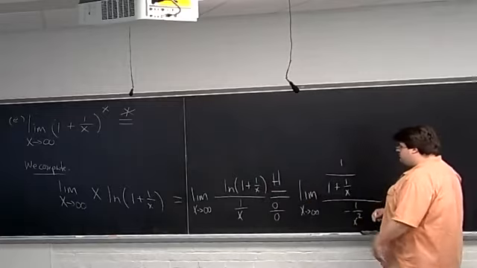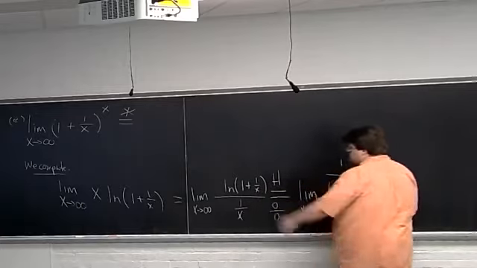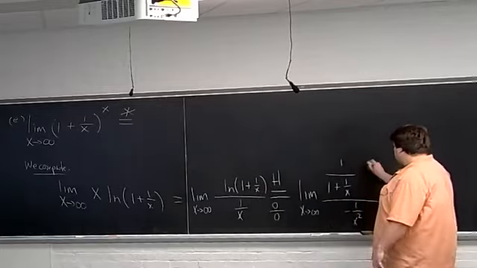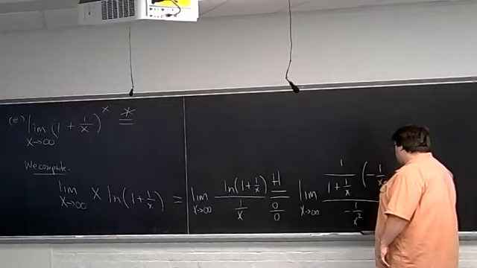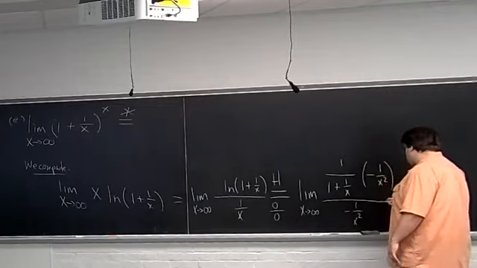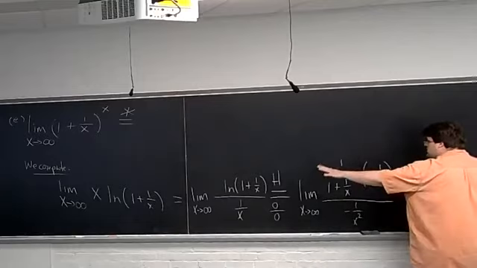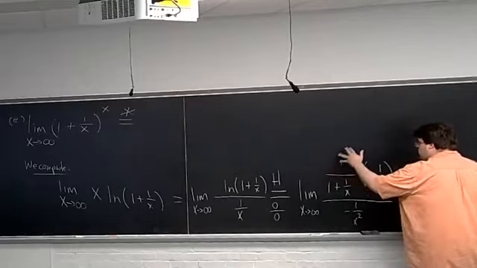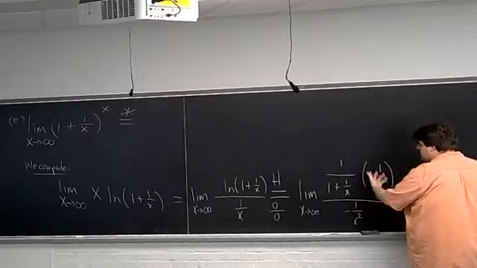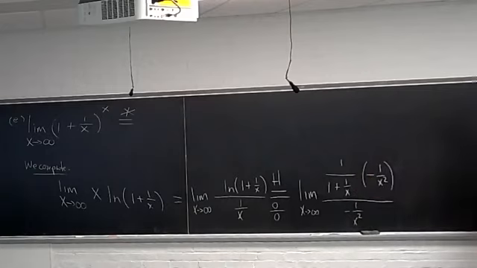Derivative of 1 is 0. 1 is a constant. Derivative of 1 over x, well, there's another negative 1 over x squared. So our derivative of the numerator, logarithm function, derivative is 1 over the inside times the derivative of that inside. Any questions about taking that, or about applying L'Hopital's rule in that step?